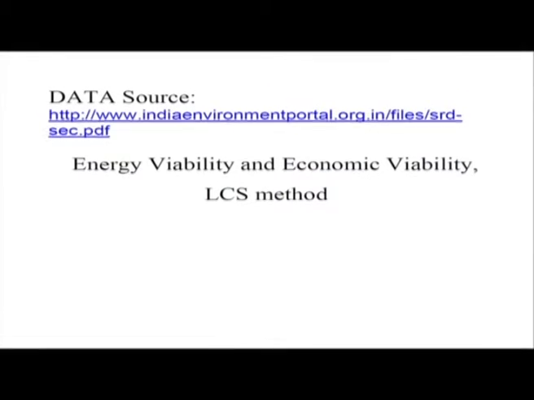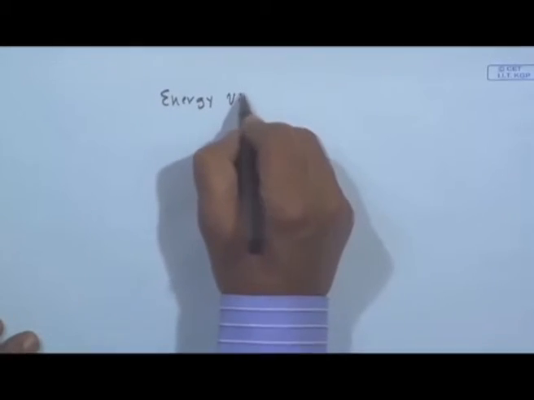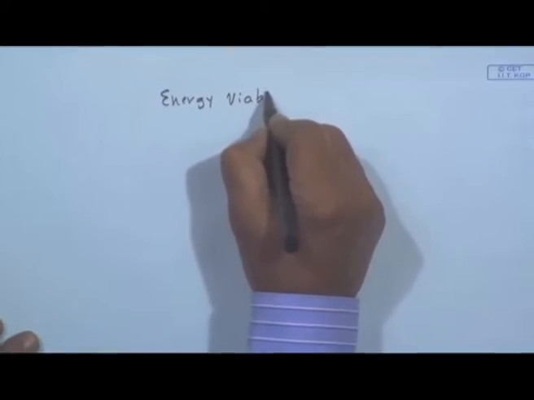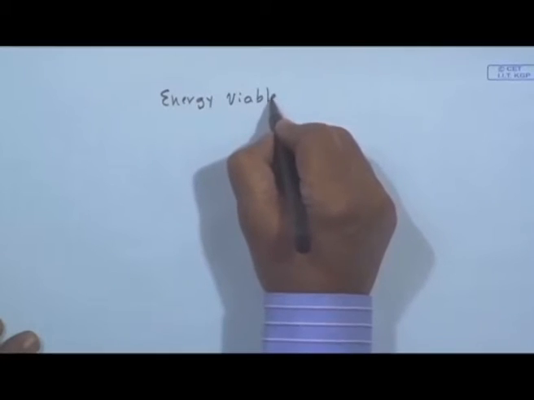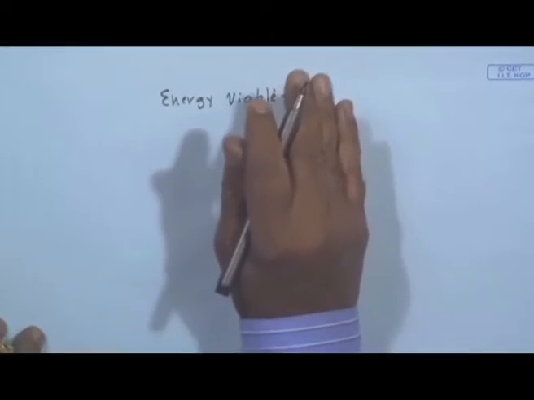Then we considered energy viability, that is, during the lifetime of any alternate energy system, you should be able to save as much energy as has been used in making the system and its components.